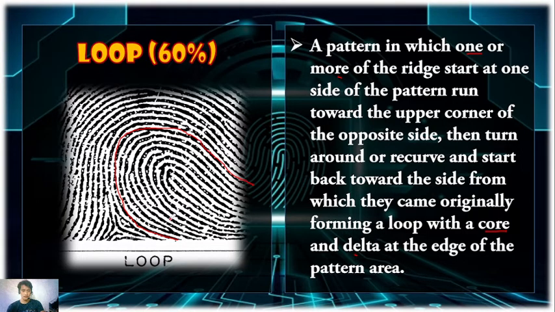It should also have a core and a delta. As we discussed in our last videos, we talked about how to locate the core and the delta of the fingerprint pattern. So we have here the delta, the point of divergence. This short ridge is considered to be our delta, since it is the one nearest to the point of divergence.